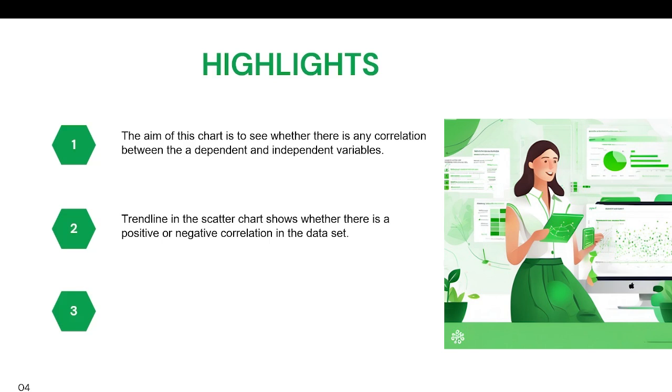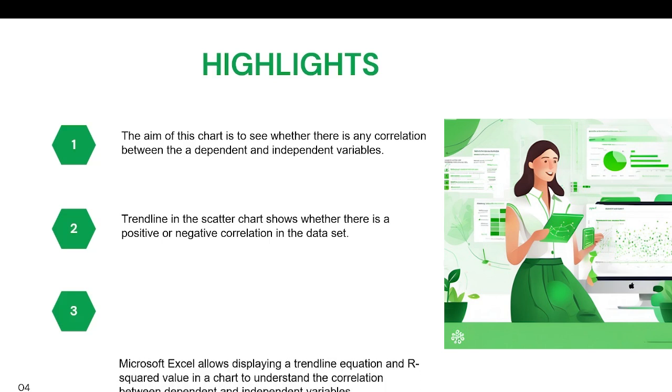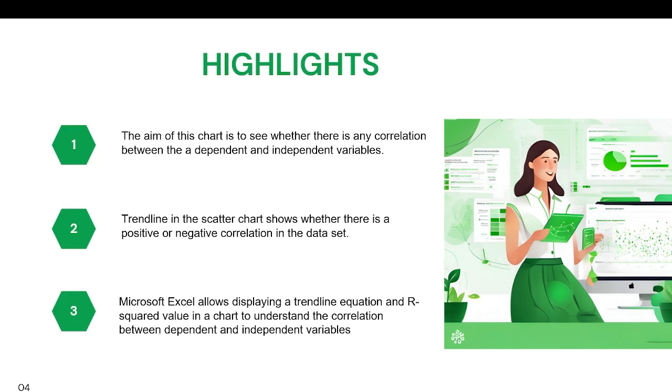In our case, we saw that it was not so positive. It was almost as good as no correlation between these two. Microsoft Excel allows us to display the trend line equation and r square value in the chart to understand the correlation dependency between the dependent and the independent variables.